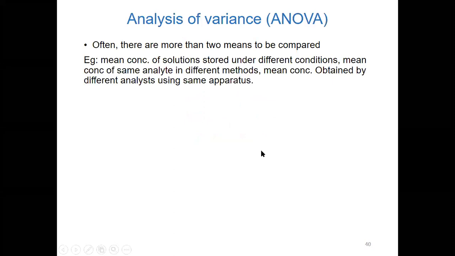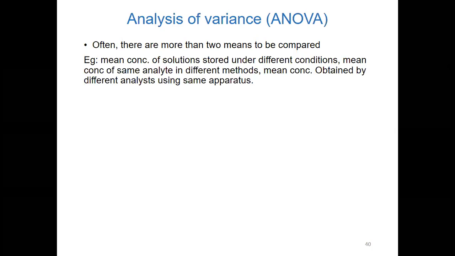So far we discussed whether there is a difference between a mean and some critical value, or whether there is a difference between two means. But in a real analytical experiment, most often there are more than two means, right?